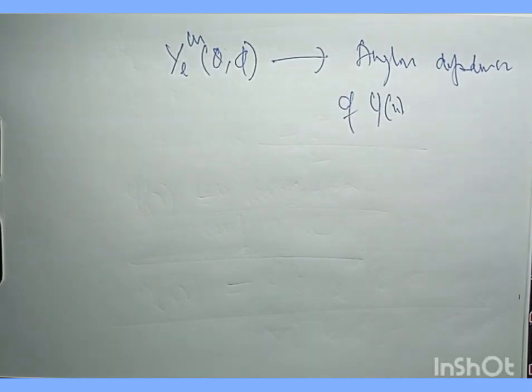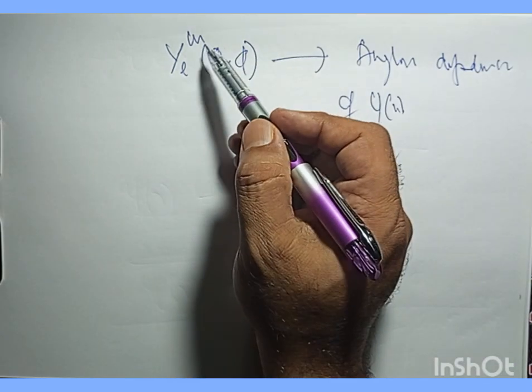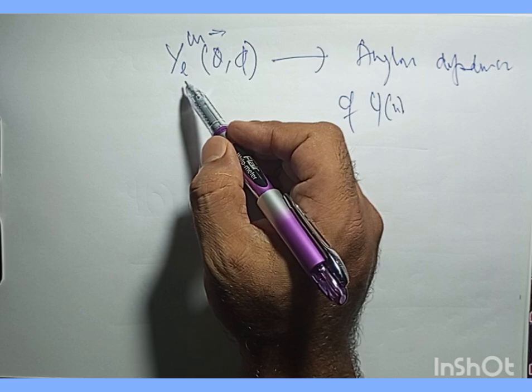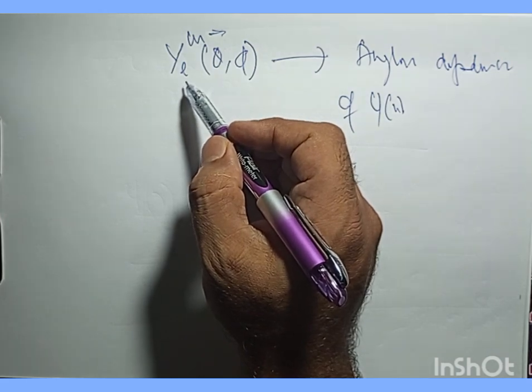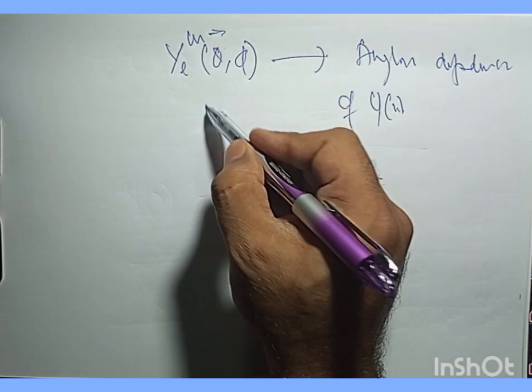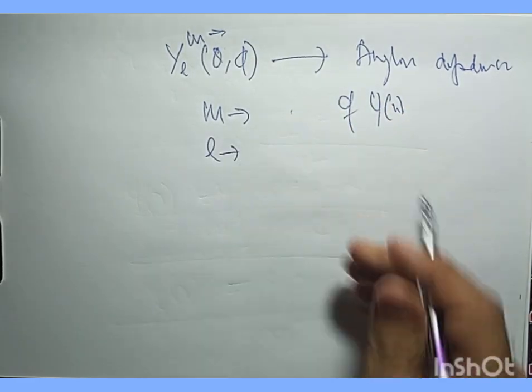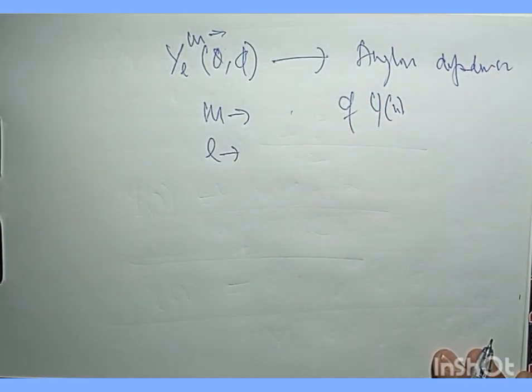We know M is the magnetic quantum number, and L is the orbital angular momentum quantum number.